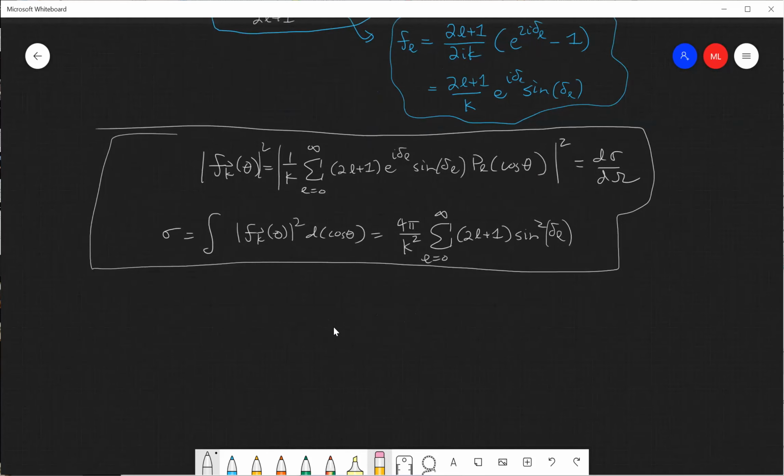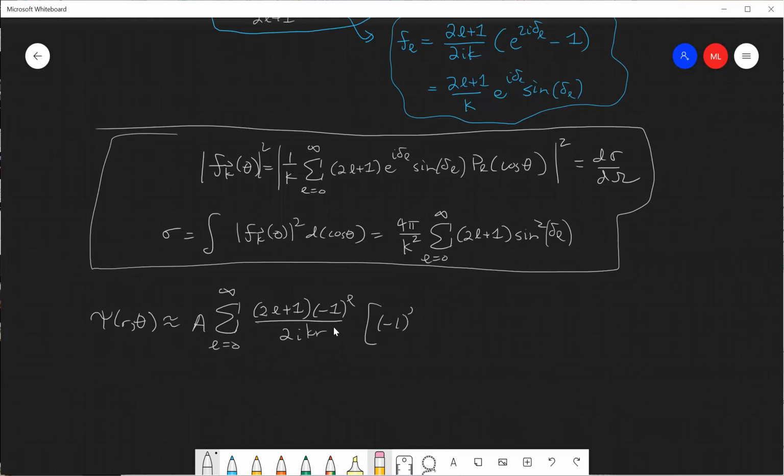And the other important thing is if we look at the actual asymptotic solution again, and write it out in terms of the phase shifts, it looks as follows.